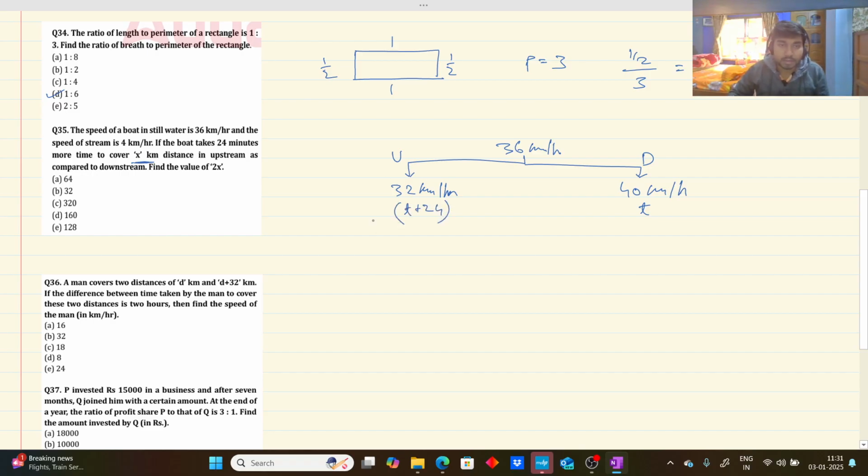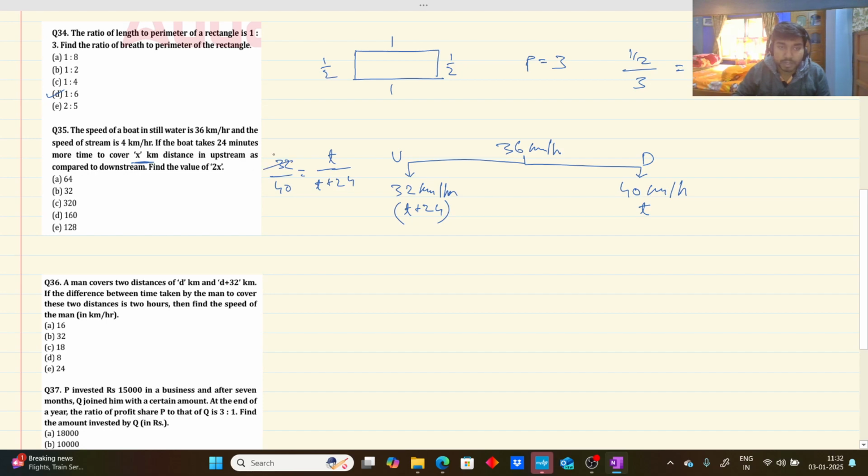Now since distance is constant, speed is inversely proportional to time. Therefore 32 by 40 is equal to t by t plus 24.